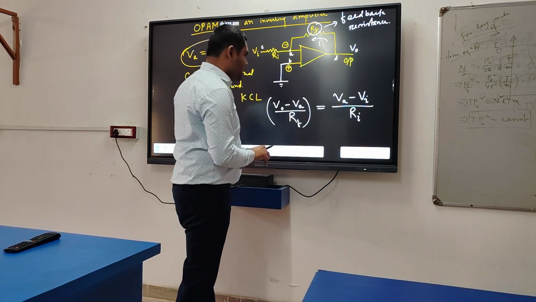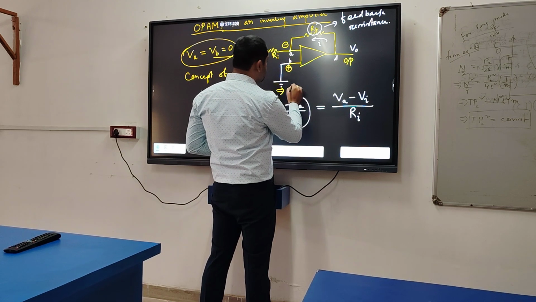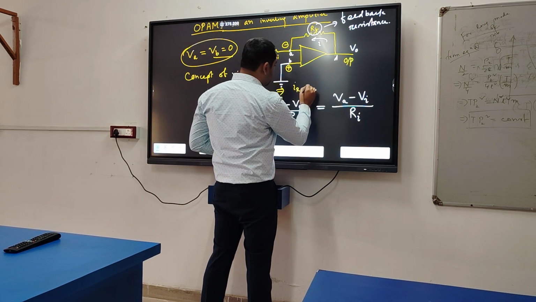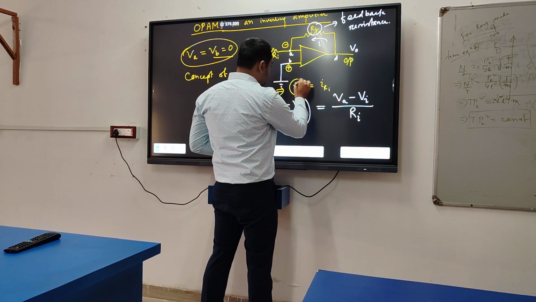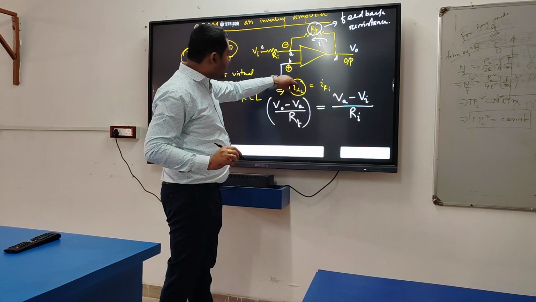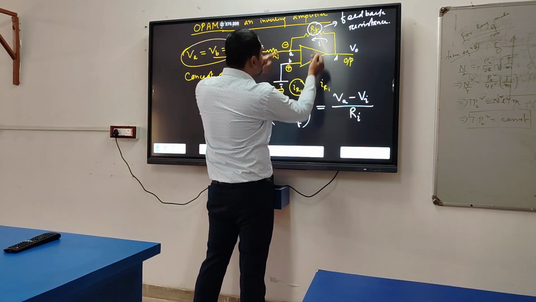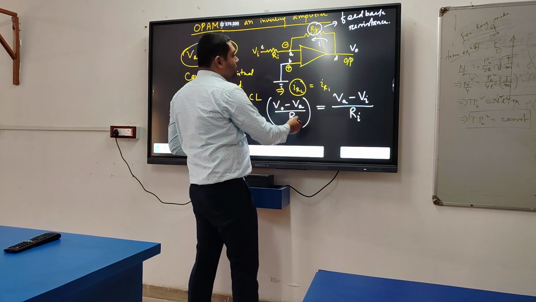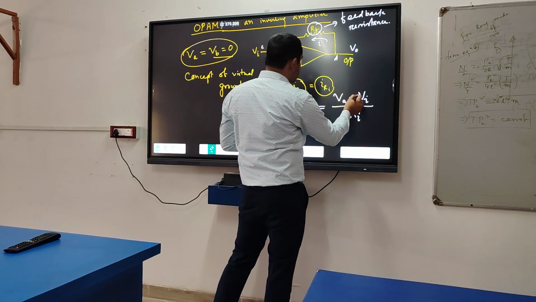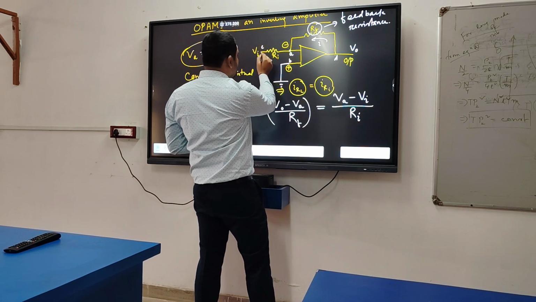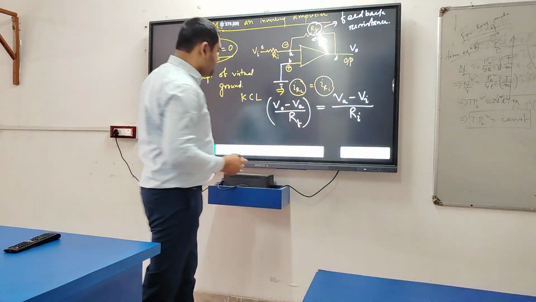So the current through resistance RF can be written as the potential difference across the resistance RF divided by the resistance, and the current through resistance RI can be written as the potential difference between the terminals of the resistance RI divided by resistance RI.